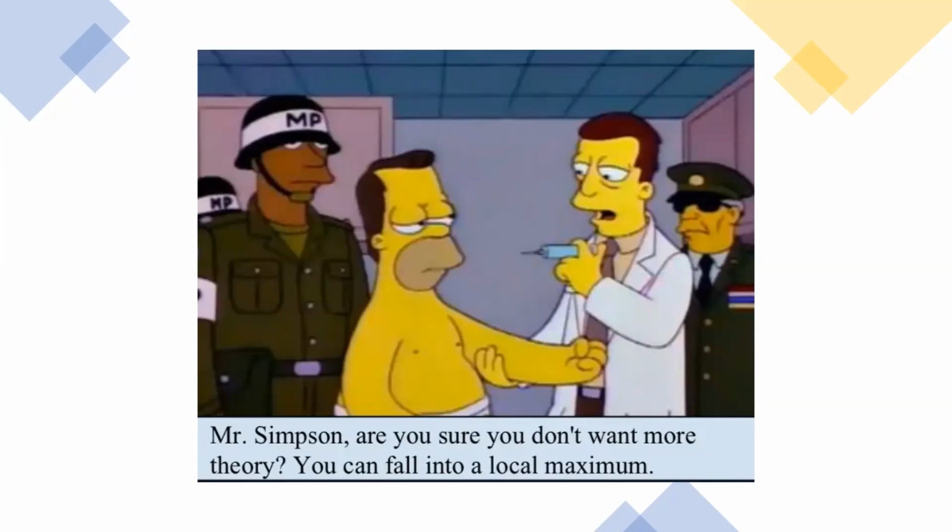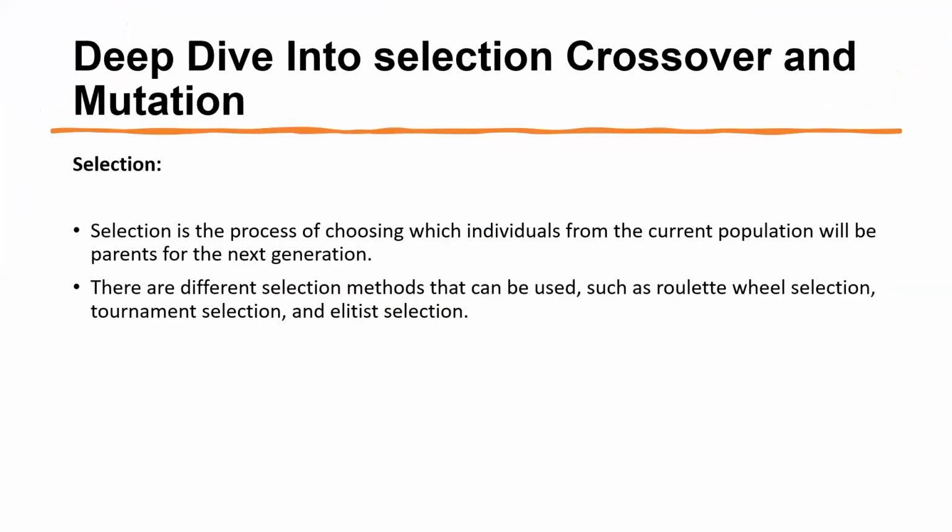So it is important for us to really know why, how, and everything about the algorithm. We will definitely want to know more theory to not fall into the local maximum. So let us go ahead with a little more theory on genetic algorithms: a deep dive into selection, crossover, and mutation.